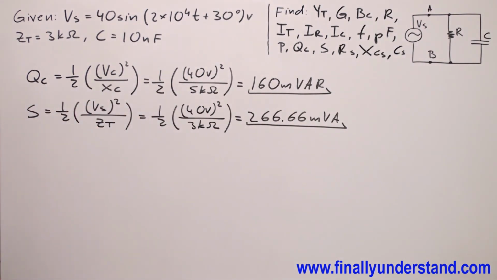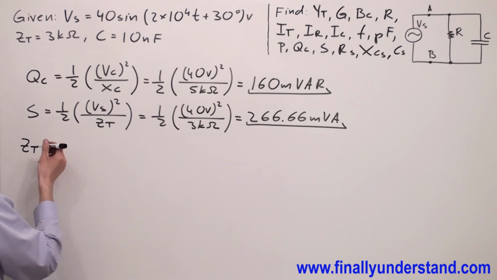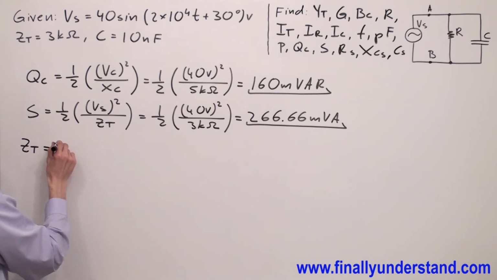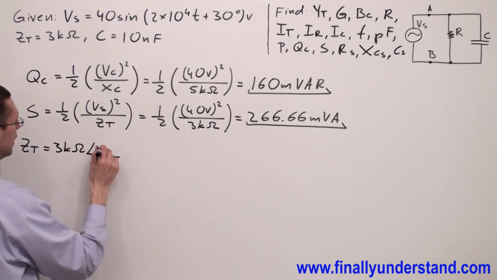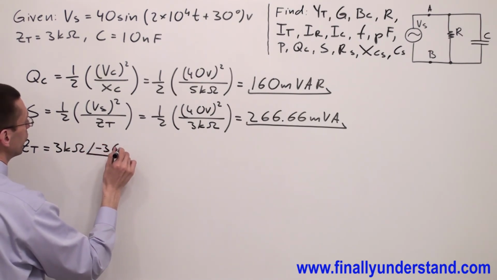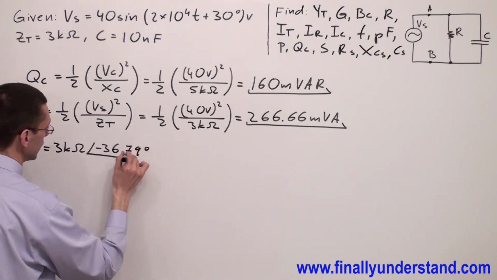Next, I'm supposed to find the series equivalent circuit. So Z total, copy down, Z total is equal to 3 kiloohms and angle of negative 36.79 degrees.